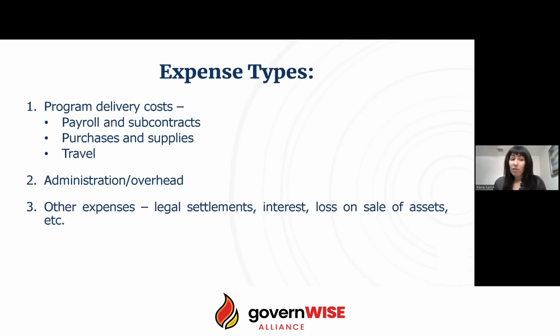We can also have a third category, which is other expenses. Those would be more of a non-recurring or unusual or not really directly related to our operations or even administration costs. So they would include things such as legal settlements.